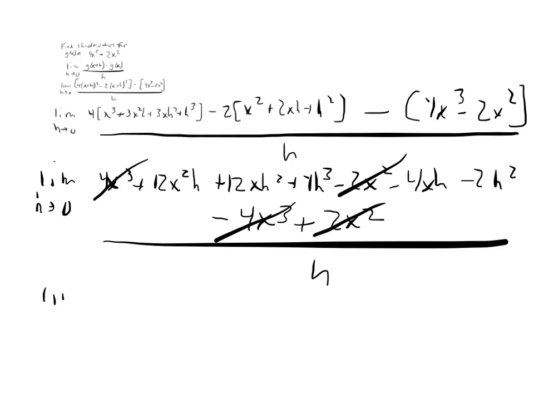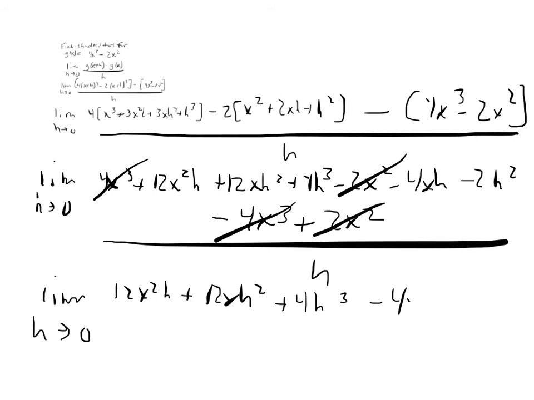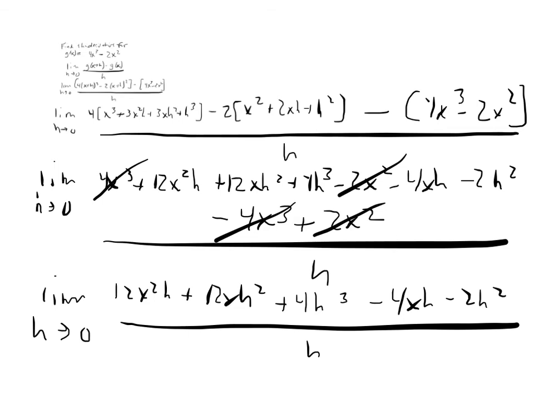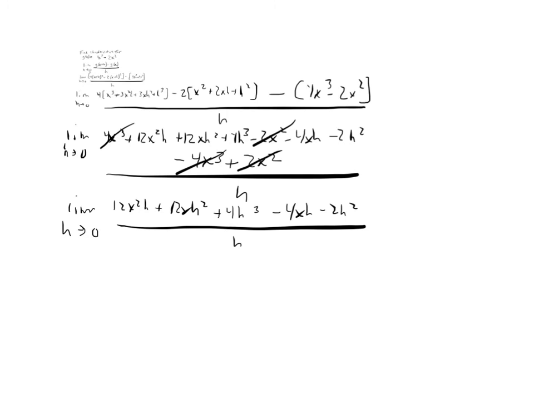And then that leaves me the limit as h goes to 0 of 12x squared h plus 12x h squared plus 4h cubed minus 4xh minus 2h squared, all over h. I can factor an h out of everything in the numerator, and that will then cancel the h in the denominator.